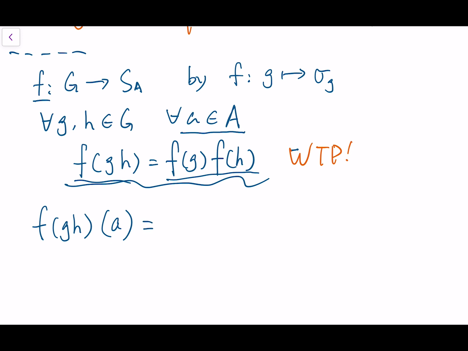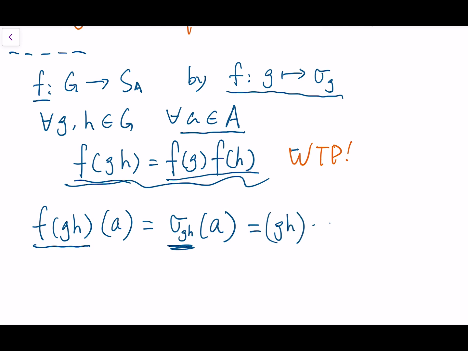This equals, because F(gh) by the definition of the map is sigma gh, applied to a, and then by the definition of this sigma notation, it means the element gh act on the element a.